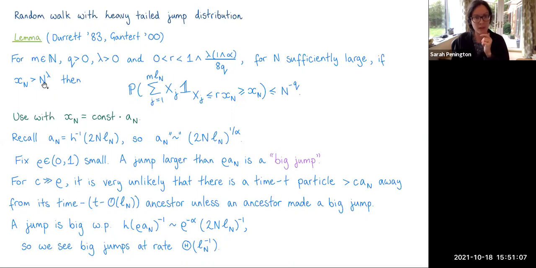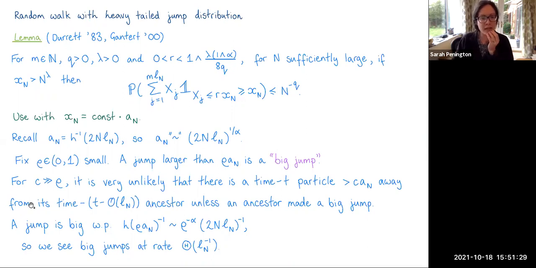So what we're going to do in the proof is we're going to fix a small constant rho, which will be positive but very small. And then in our Nparticle branching random walk, we'll say that a jump that is larger than rho times an is a big jump.